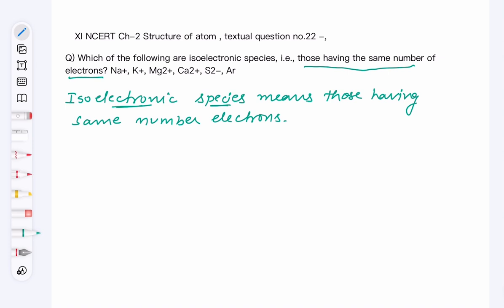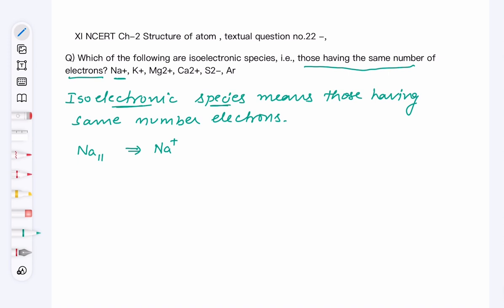So here those species having the same number of electrons are referred to as isoelectronic species. They can be an atom or an ion of it. Let us take the examples which are given here. It is sodium. Sodium has an atomic number of 11, but they have given you Na plus.